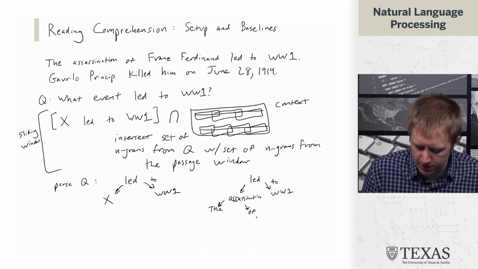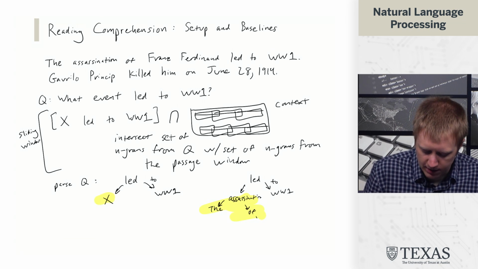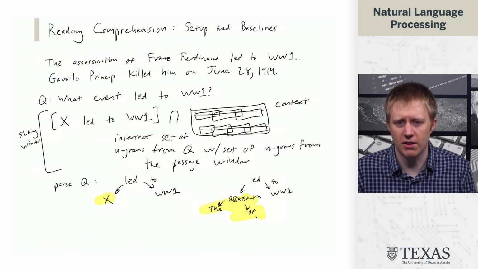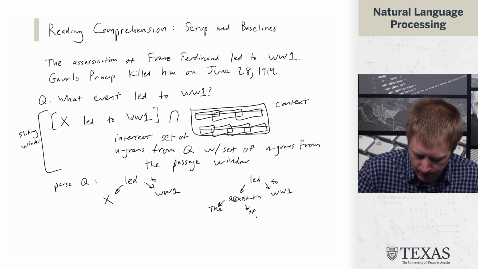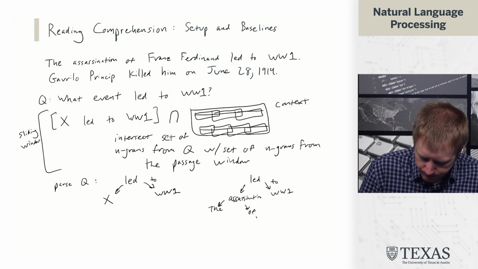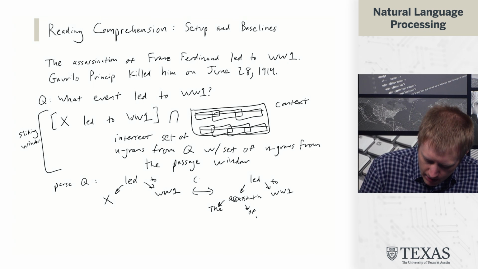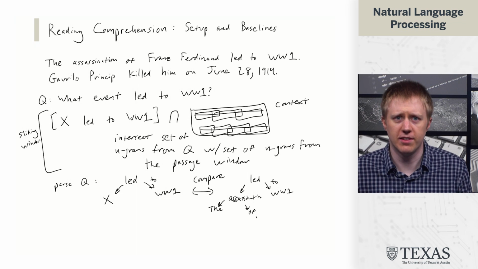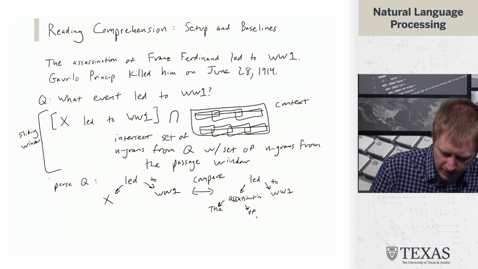By comparing these two things, we recognize we can bind X to this subtree and therefore get the answer. This looks like a slightly smarter way of doing things than the sliding window method, and we'll call this the parsing-based method.